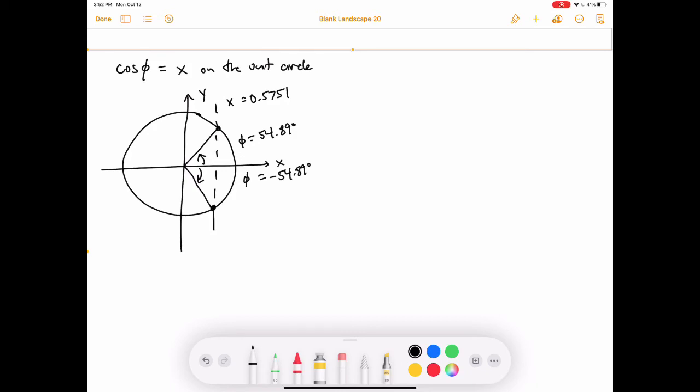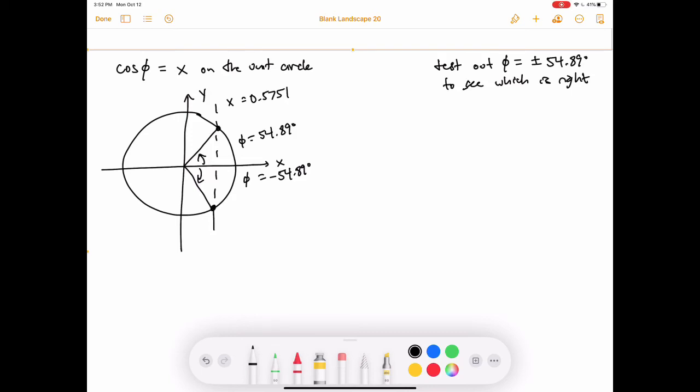So minus 54.89 degrees will also work. So we actually need to decide between these two which one is correct. So here, we're going to test out the two possibilities, so plus or minus 54.89 degrees, to see which is right. We don't actually know which one is right.